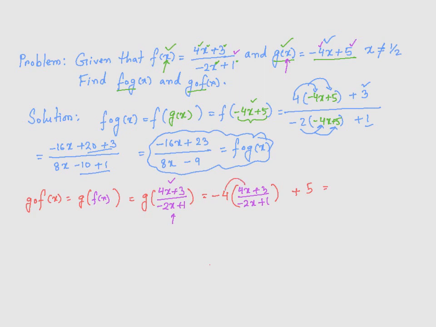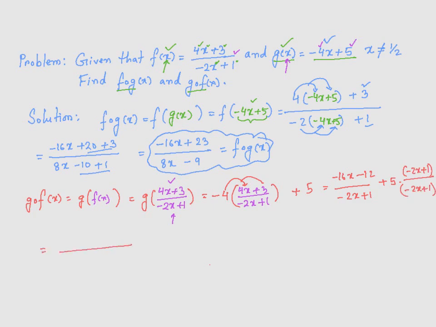Using the distributive property, negative 16x minus 12, negative 4 times 3, divided by negative 2x plus 1. Then I can just combine this. I'm going to multiply it by negative 2x plus 1 and divide it by negative 2x plus 1. This is just to have the same denominator.